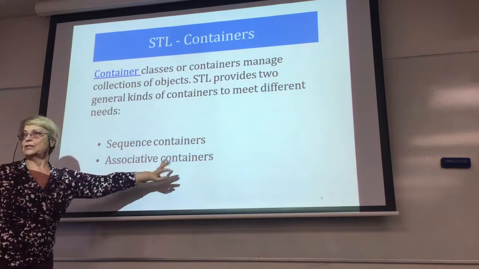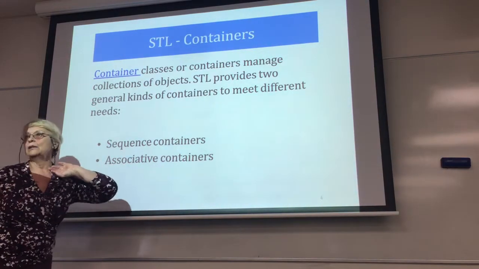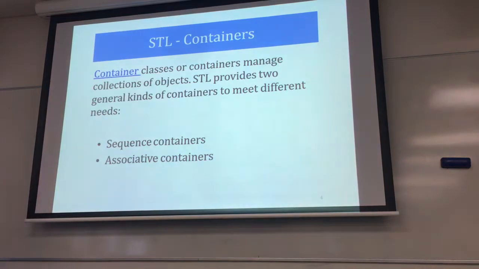Associative containers are a little bit different. They are not organized in a linear way like sequence containers. Linear way means this kind of, no matter whether you have pointers or not, you can think of sequence containers like this: one element, another element, another element.